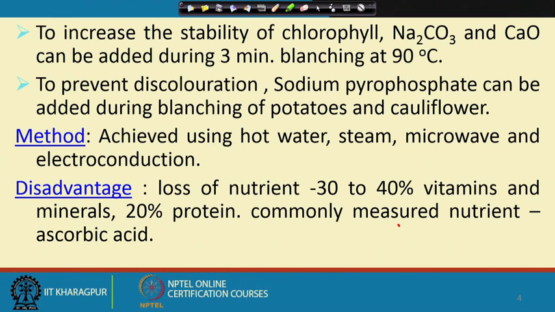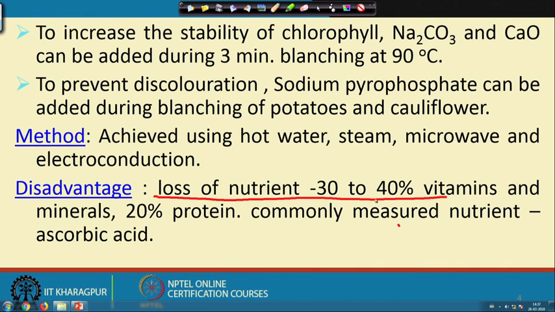All these problems may be associated. So, generally around 30 to 40% of vitamins and minerals and around 20% of protein are destroyed.